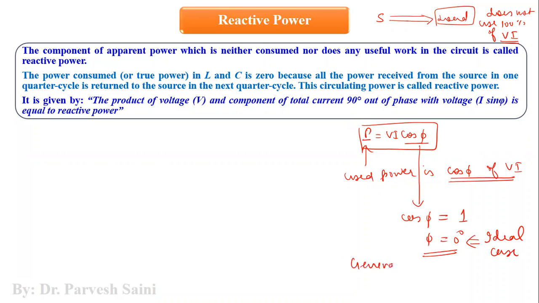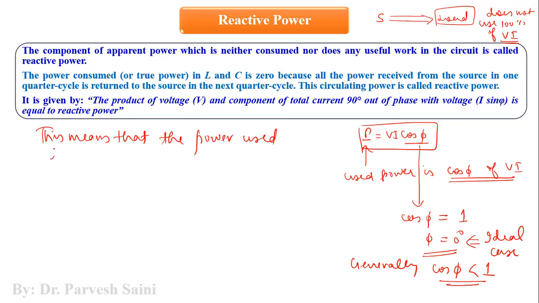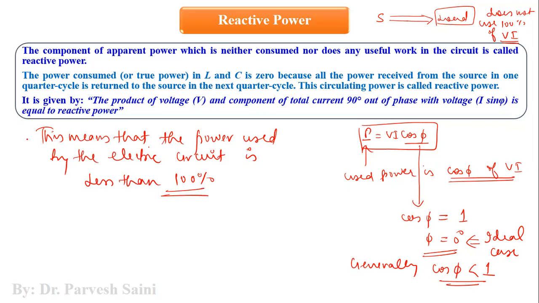Generally, cos phi is less than 1. This means that the power used by the electric circuit is less than 100%. So now the question is where the unused power has gone.